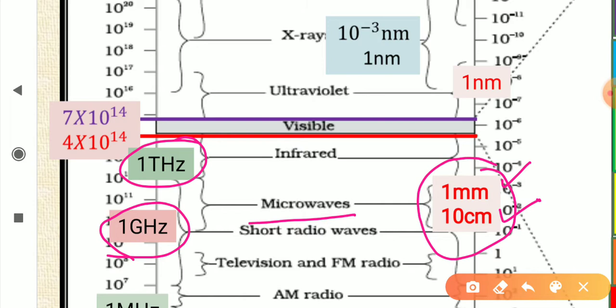So you get an idea of microwave, its frequency range and wavelength range.